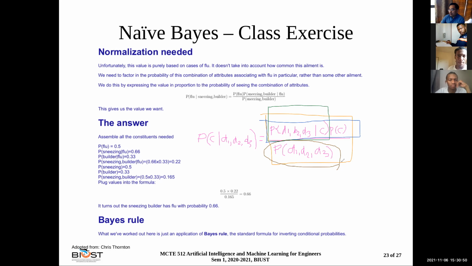In some cases we want to consider the probability of, let's just say C1, and there's another C2, given the same features D1, D2, D3.